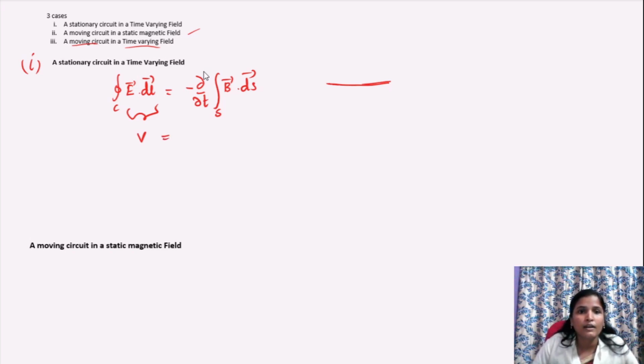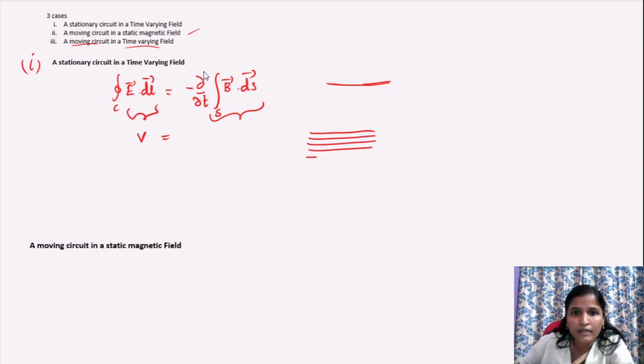Okay, now let's examine the right hand side. Let's take this part alone, that is integral of B dot ds. B is the magnetic flux density. So let us assume some magnetic flux lines are moving over a surface, some unit surface.